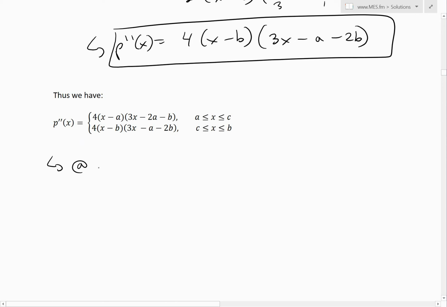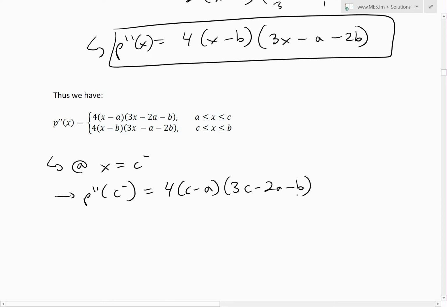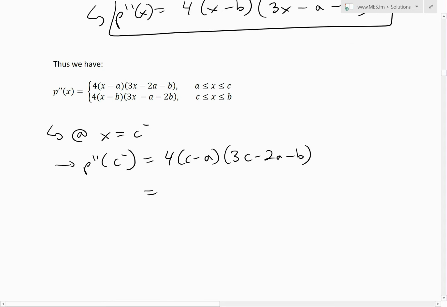So at x equals c, from the left side, c negative, what we get is p prime of c negative, that's from this side, equals 4c minus a, because this is the left side, this is the right side of c, 3c minus 2a minus b equals 2.